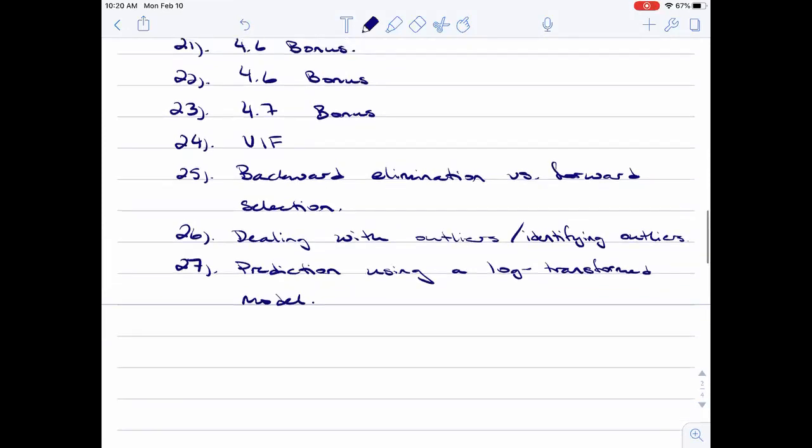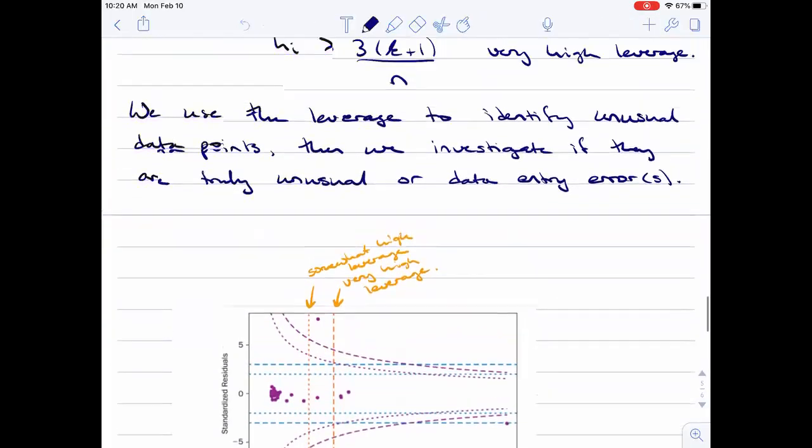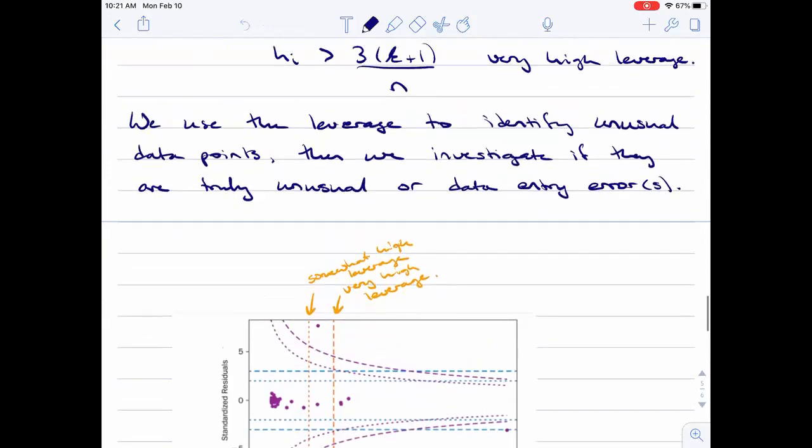Any questions before we keep going with the notes from Wednesday? What were we doing here? We were looking at this plot, and we were talking about leverage as a measure of how much leverage this outlier would have.